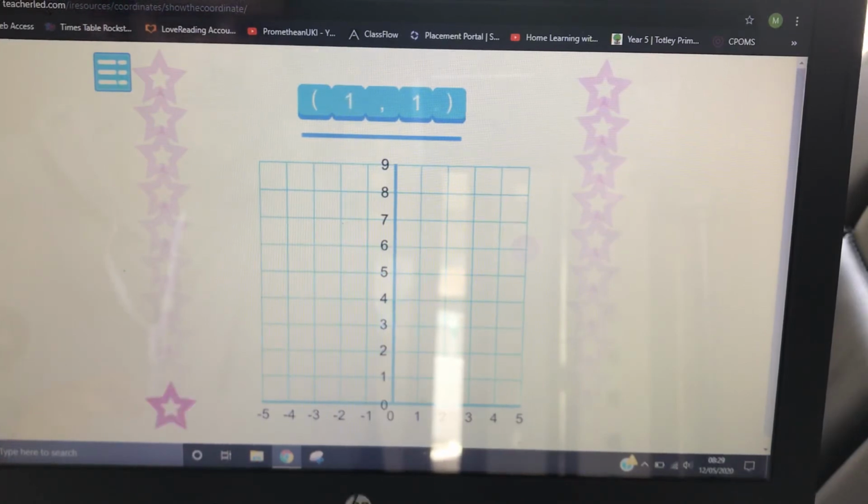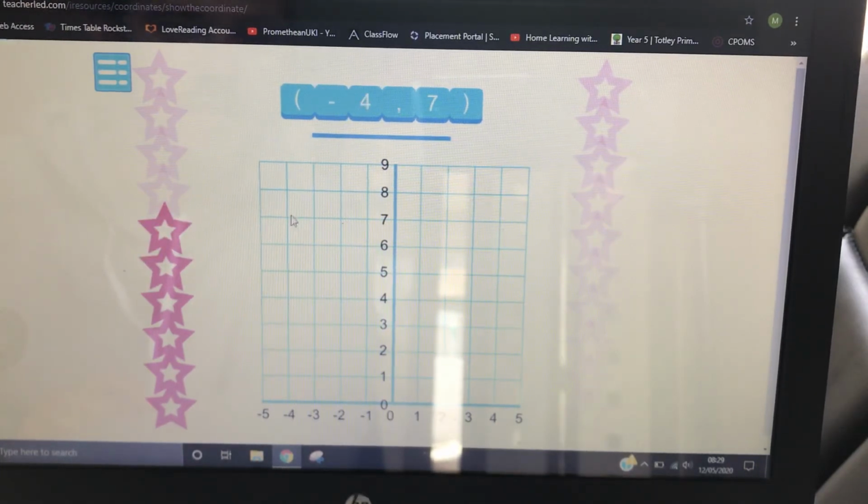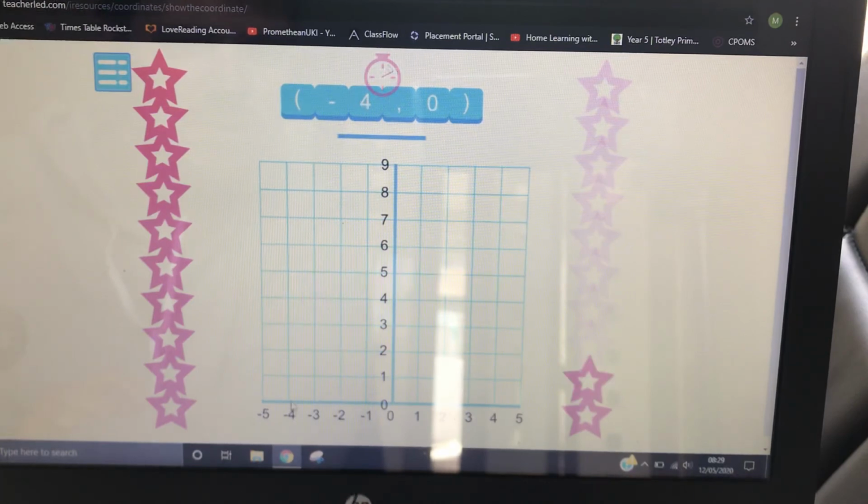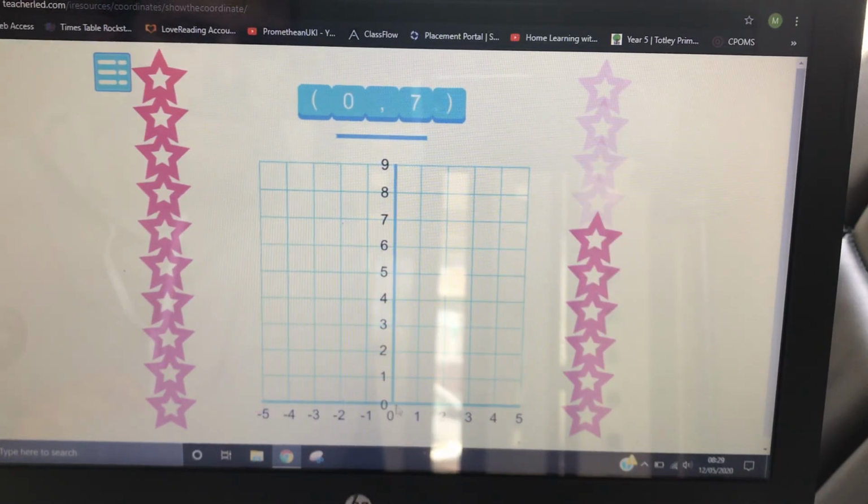5, 6, 1, 1, -3, 9, 3, 0, -3, 6, 3, 8, 4, 7, 4, 5, where's that gone? -3, 6, -2, 8, 3, 1, -3, 4, -4, 0, 0, 7, 3, 8, -5, 0, and 0, 7, -4.